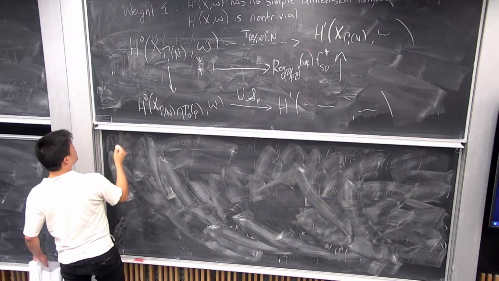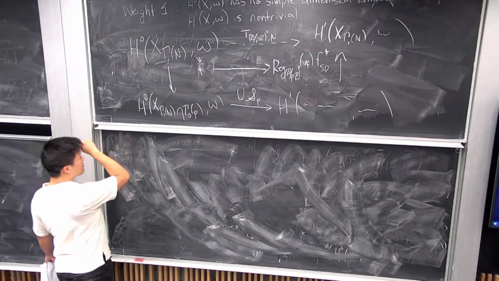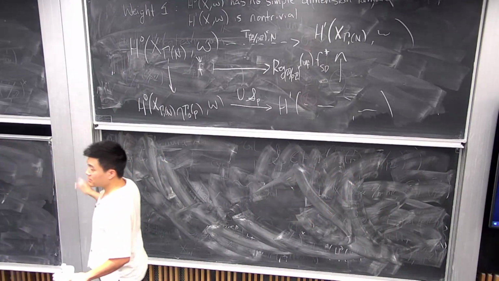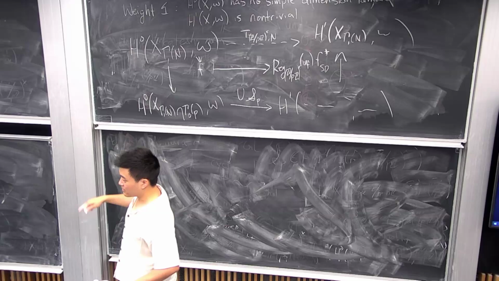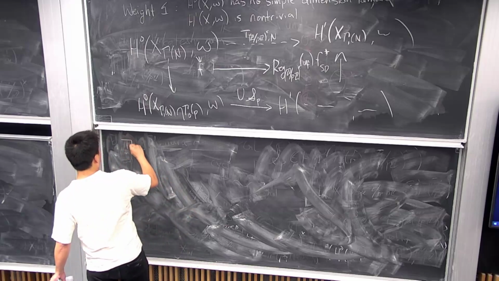So there's experimental evidence for the Harris-Venkatesh conjecture in all kinds of cases, in dihedral cases and in exotic cases.